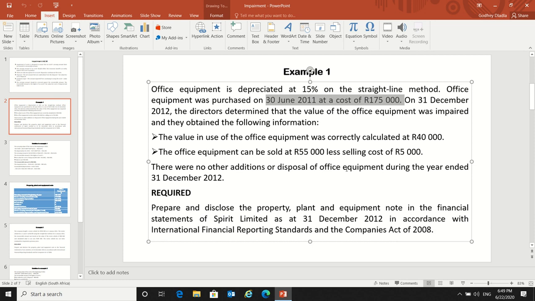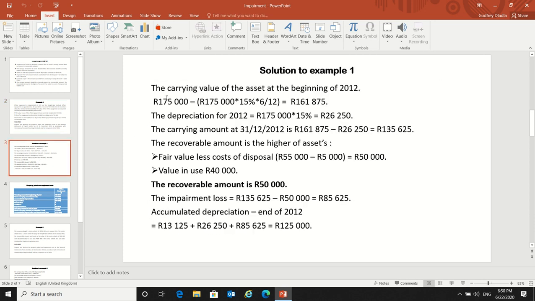Look at when the impairment is being done. It's 31 December. Do you see? So make sure you calculate from here to that date when the impairment was done. Find out what the carrying amount is by that date. Right. What is the carrying amount of this asset by that date? Right. Now, let's come here so that we can deal with this.